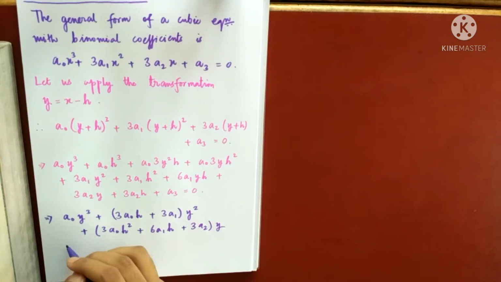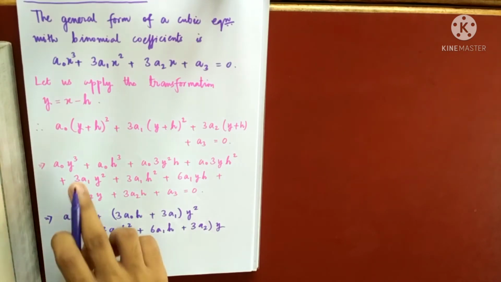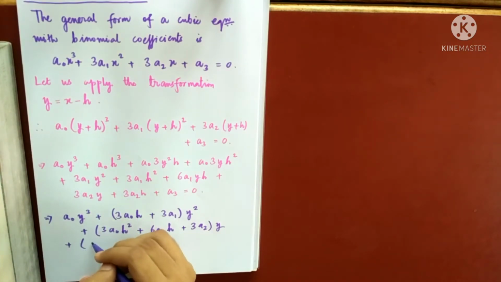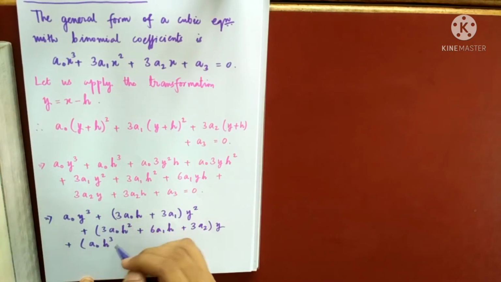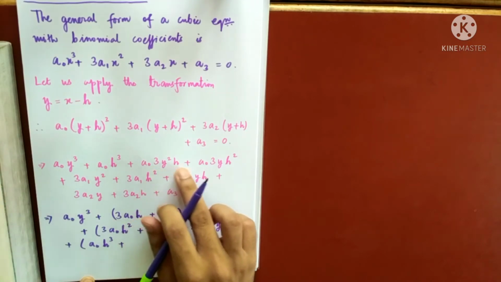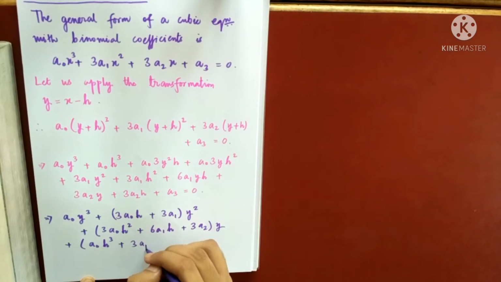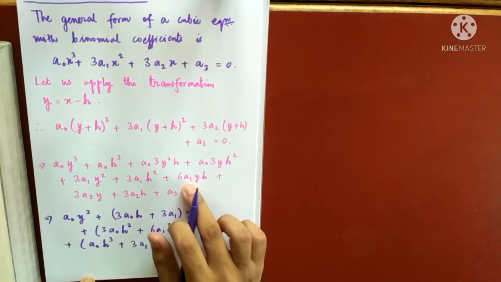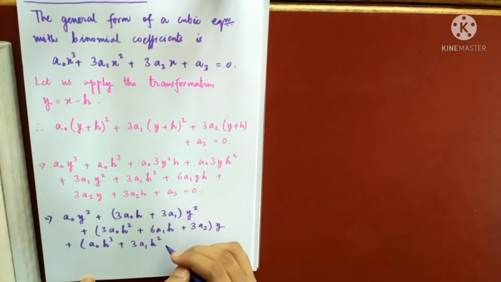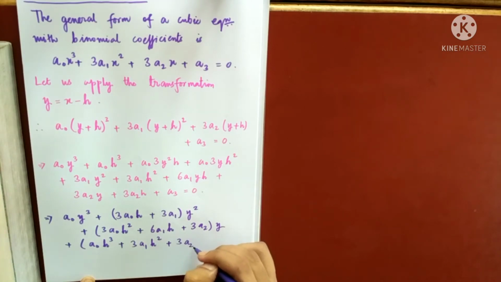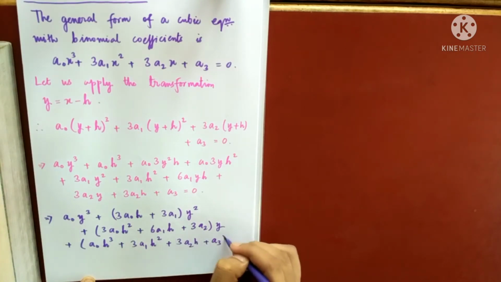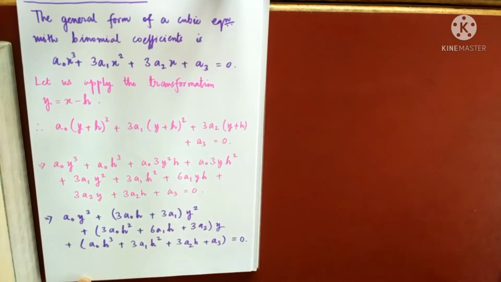And let's take all the numbers together. So this is the constant, a0 h cube plus, I can see some more numbers: this is the number because it is independent of y. This equals 0. So let's have a look at what I have done till now.